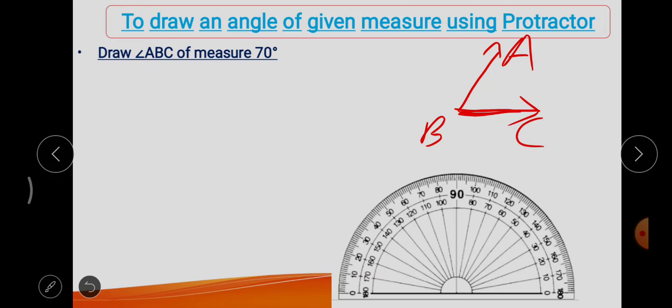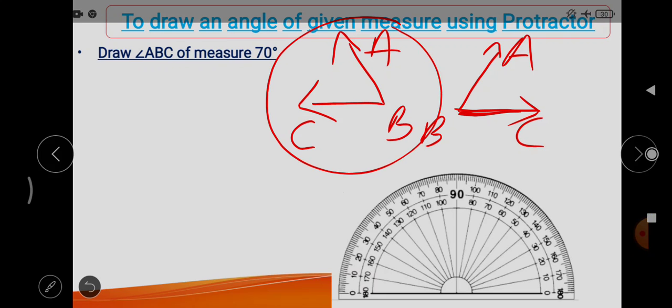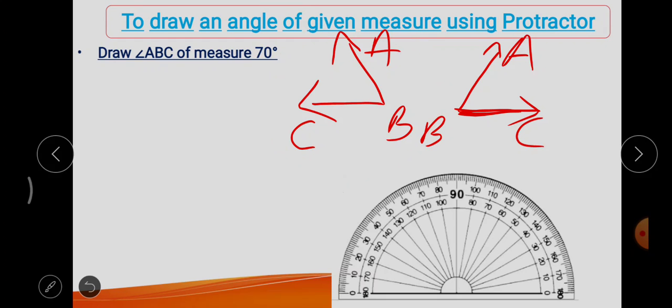Now it is up to you how you construct the rough figure. Some may construct it like this and name it like this. Those who do this need to see that arm BC is lying towards the left direction, so you will see the upper set of angles on the protractor. So now this is my rough figure.